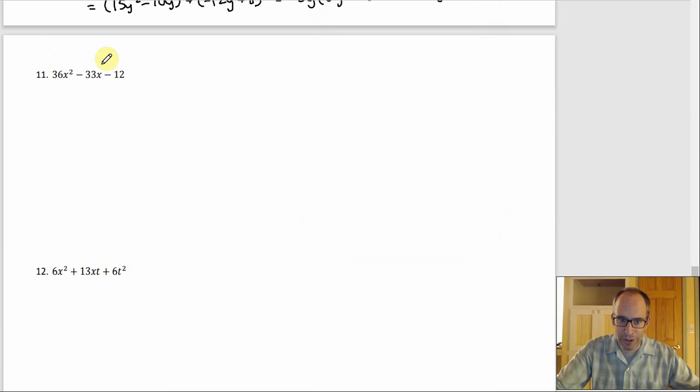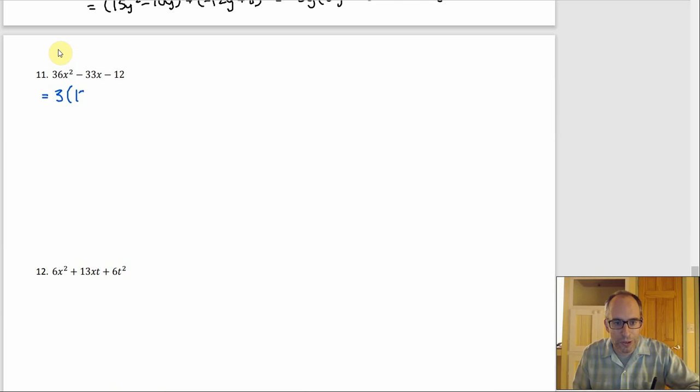So if you see something that looks a little awry, maybe there's a greatest common factor, because here there is, and you could factor out 3. So that is the first thing we're going to do here, factor out a 3, and we're going to be left with 12x squared minus 11x minus 4, it looks like.